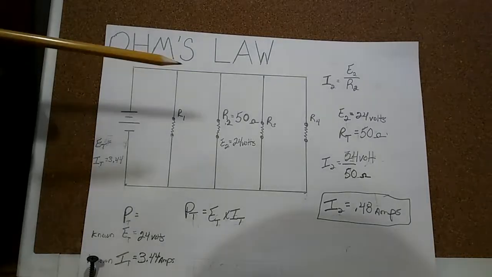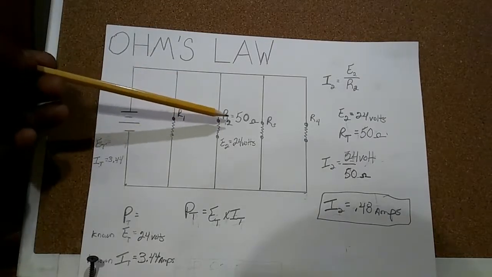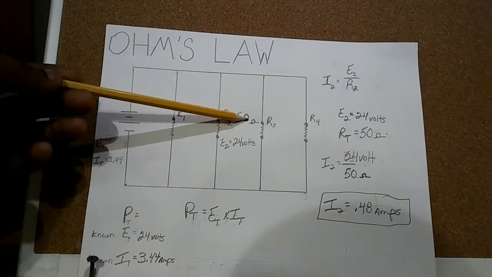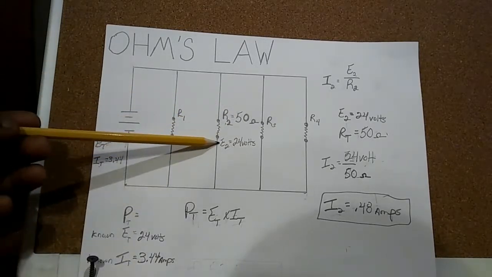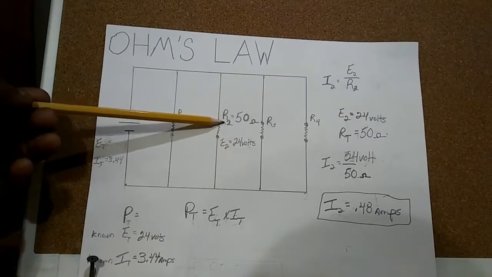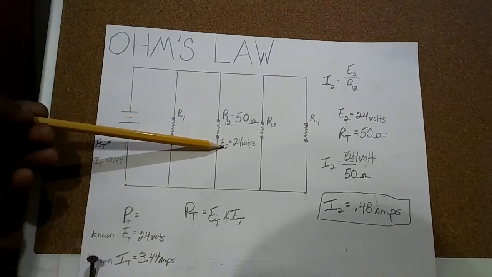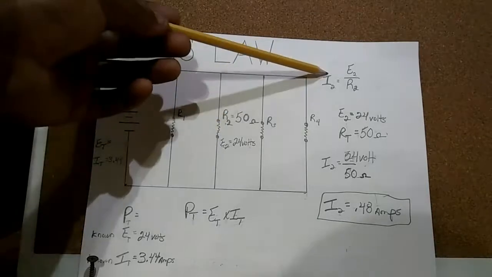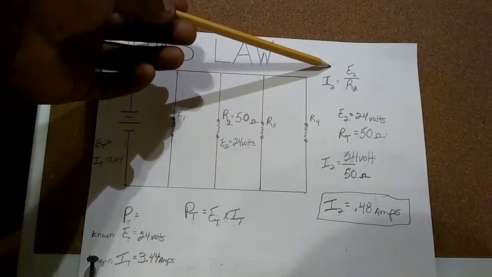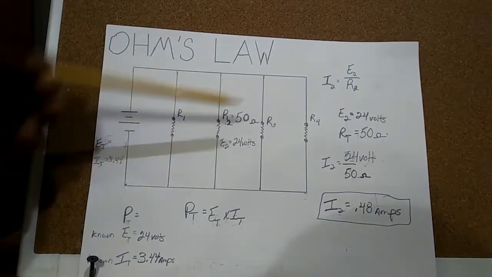For example, let's just take a look at resistor 2, R sub 2. You have 50 ohms, and you have 24 volts. Now you have a known value of resistance and a known value of voltage. And so you can use Ohm's law to find the current passing through resistor 2.